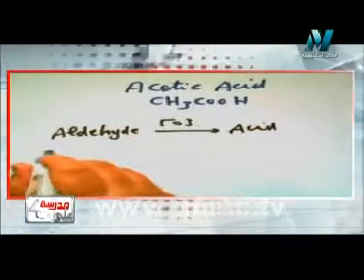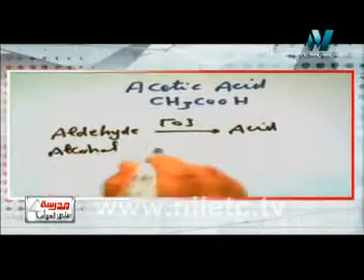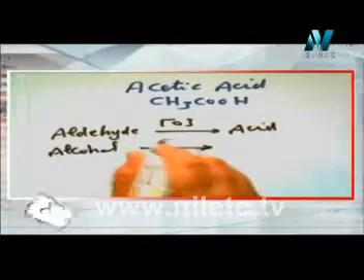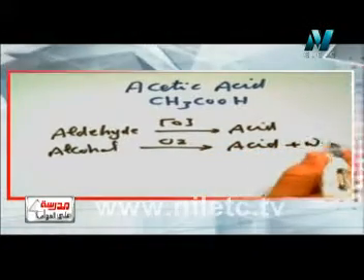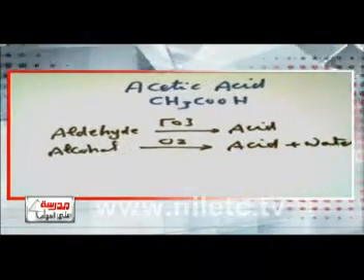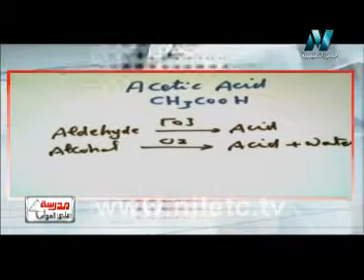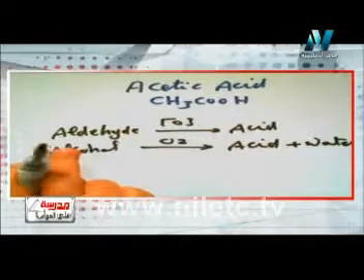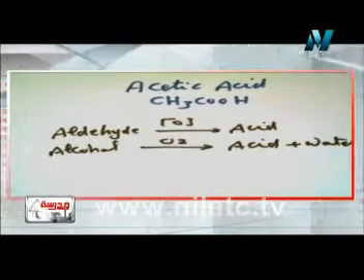When we oxidize an alcohol, it takes two steps: alcohol plus O2 gives acid plus water. To get acetic acid, formic acid, benzoic acid, whatever type of acid: when we oxidize an aldehyde, it gives acid only. When we oxidize an alcohol, it gives acid and water, but we use two atoms of oxygen.